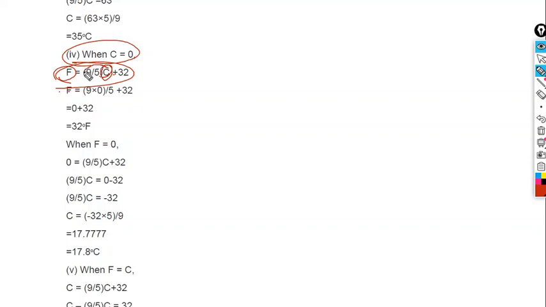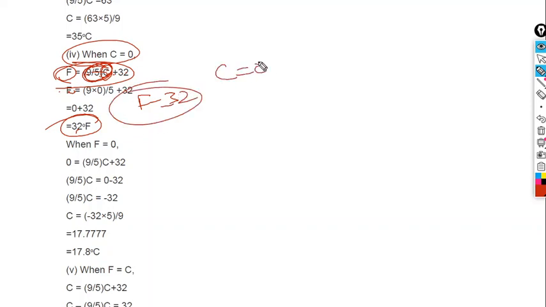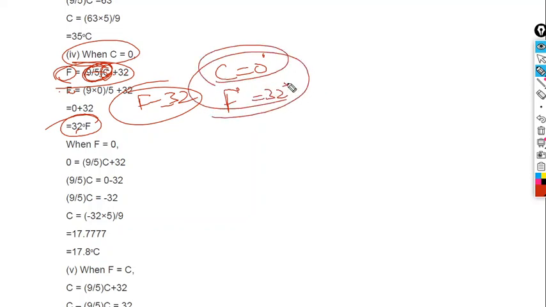Then the complete value will be 0, so F will be equal to 32 degree Fahrenheit. That means when C equal to 0 degree, F will be equal to 32 degree. So 0 degree Celsius is equal to 32 degree Fahrenheit.